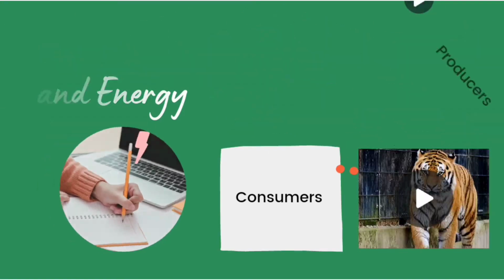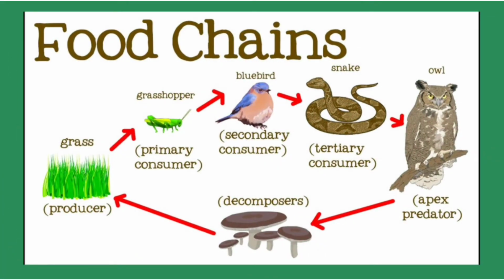Now let's move on to what food chains are. A food chain models how energy flows in an ecosystem through feeding relationships. A food chain is like a connect the dot drawing. So the grass is food for the grasshopper, and the grasshopper is food for the bluebird.